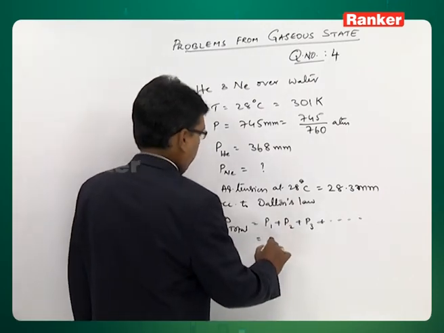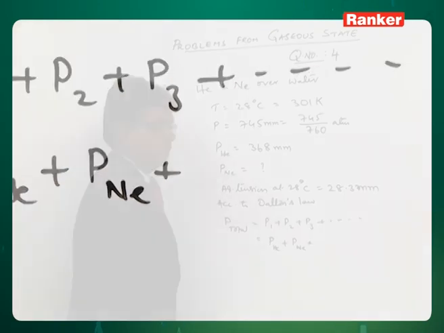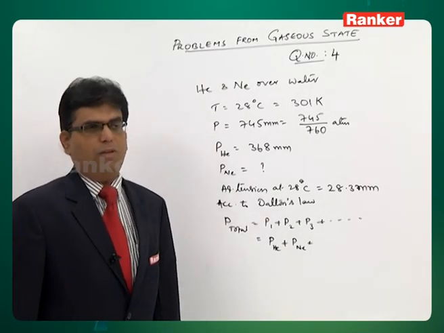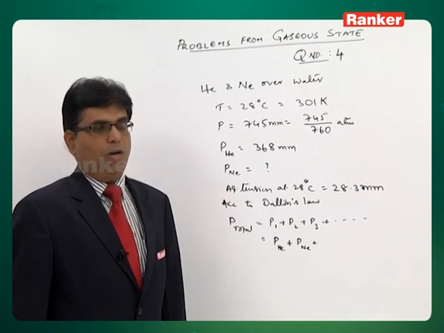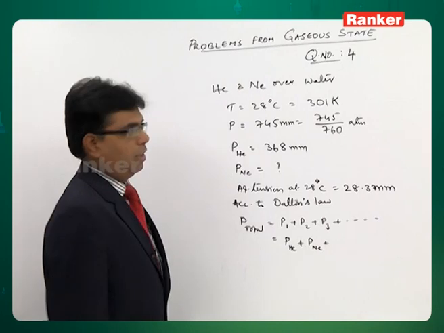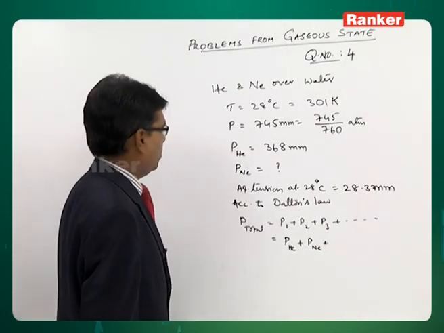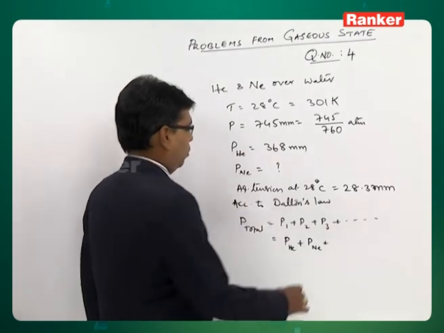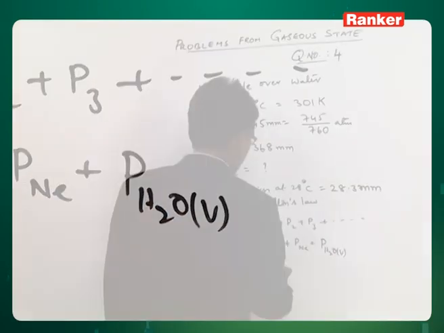One is helium, another is neon, and another that is not mentioned directly, but we have to understand, because the mixture is collected over water, water vapor also will be present, and the saturated vapor pressure of the water is nothing but what we call aqueous tension. So, the pressure of water vapor we also have to take.